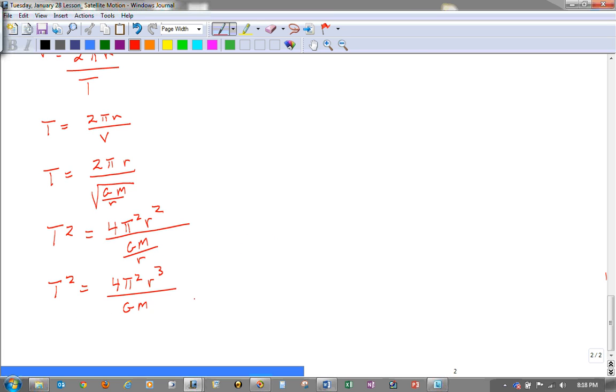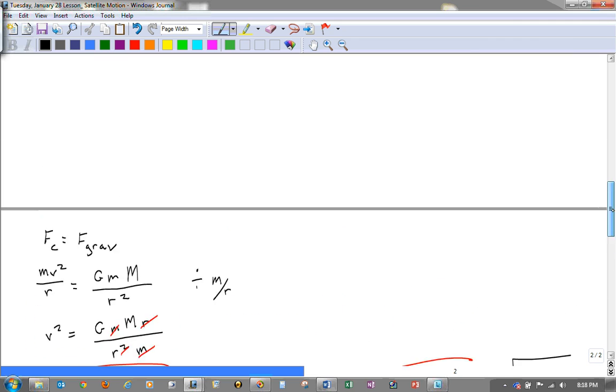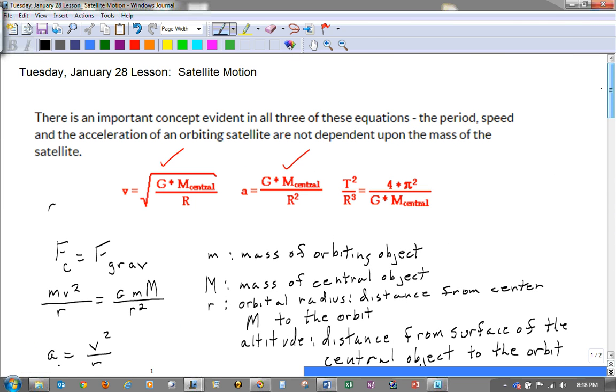Divide through by r cubed, and I have T squared divided by r cubed. That ratio found by Kepler is equal to 4 pi squared divided by the constant G times the mass of the central object. And that is the last formula. So going all the way back to the top, that's where this formula here comes from.